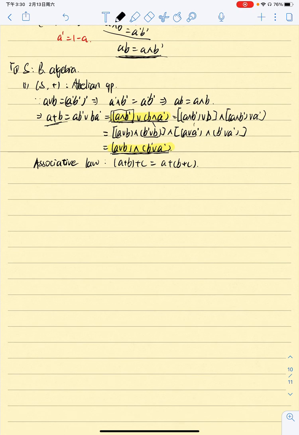Okay, let's see. Want to prove the associative law. A plus B, and plus C. That means A B prime.